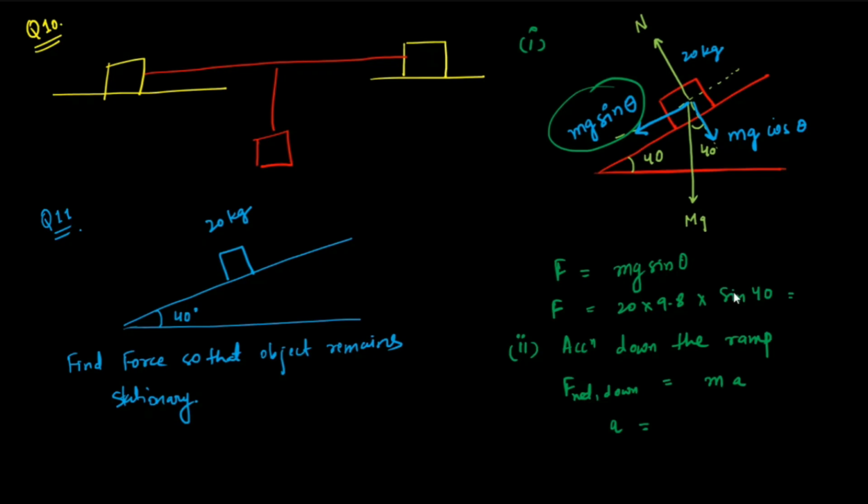I got 146.04. Should the calculator be in degrees, not radians? Yeah. So you got around 140. Oh no, it was set in radians. Let me redo it. I got 125.9.